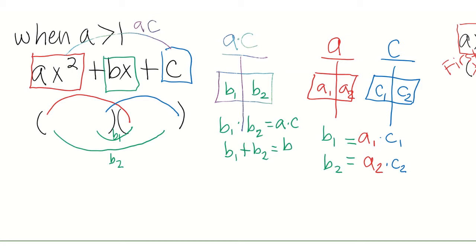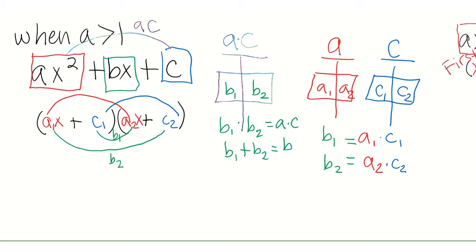Just using the letters, this might sound a little confusing. What that's going to give me is A1x, A2x, plus my C1 and my C2.